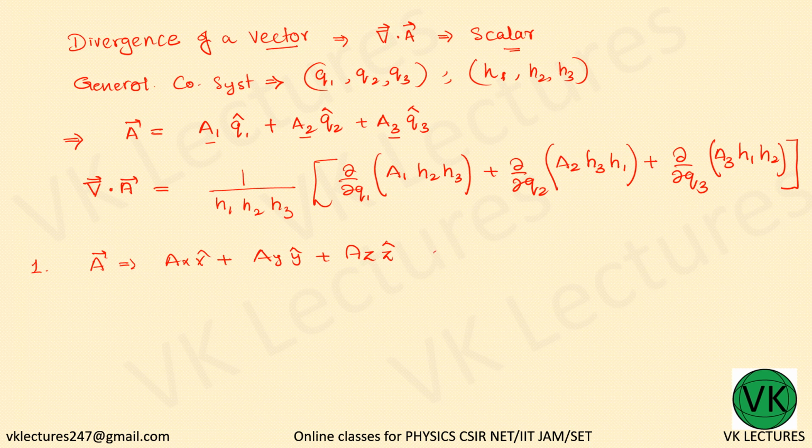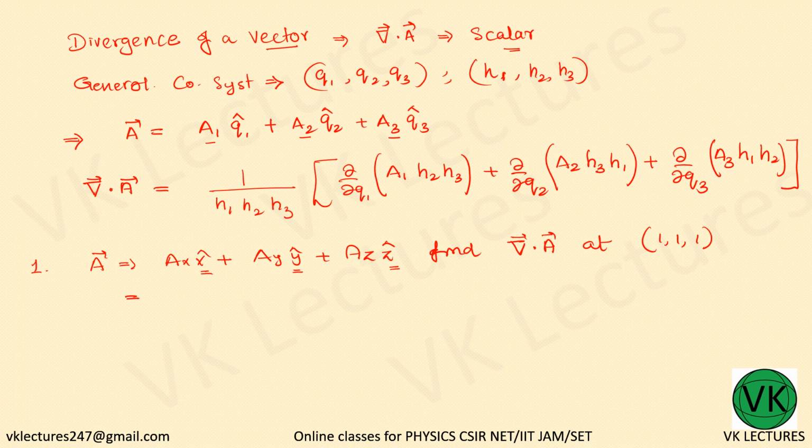Now find del dot A at 1 1 1. By looking at the unit vector, I can understand that the vector is in a Cartesian coordinate system.